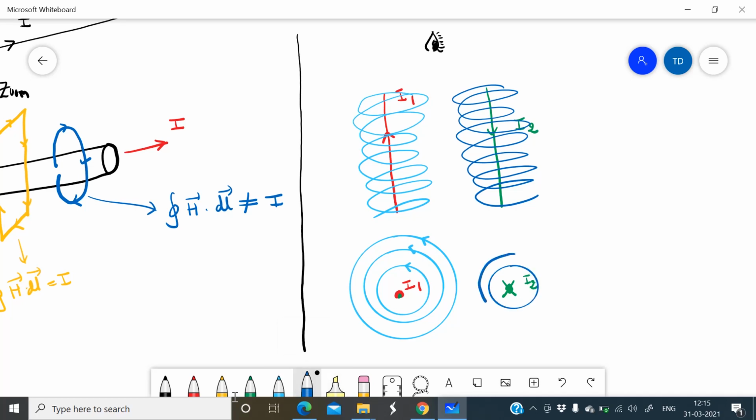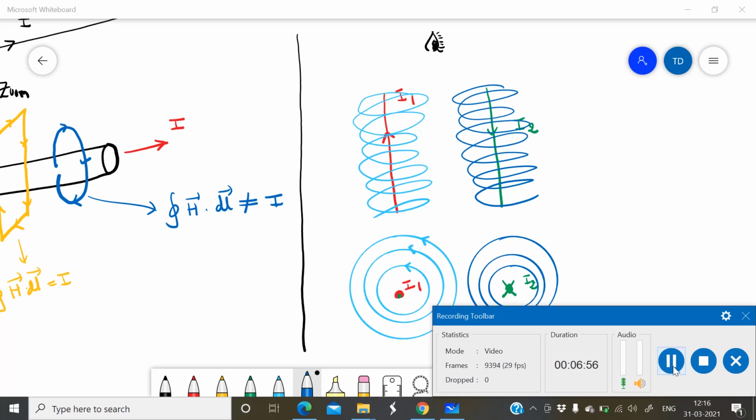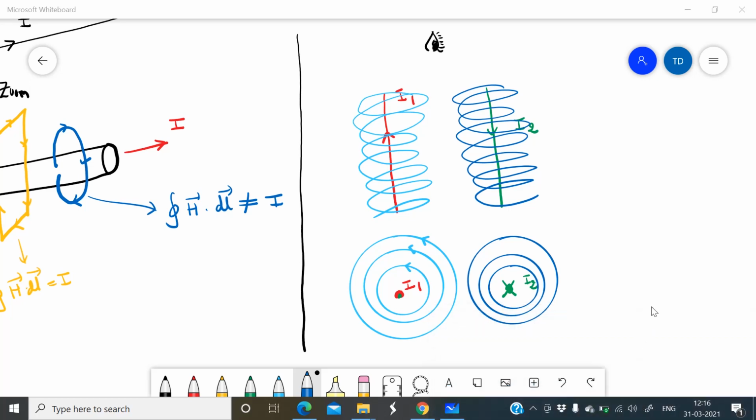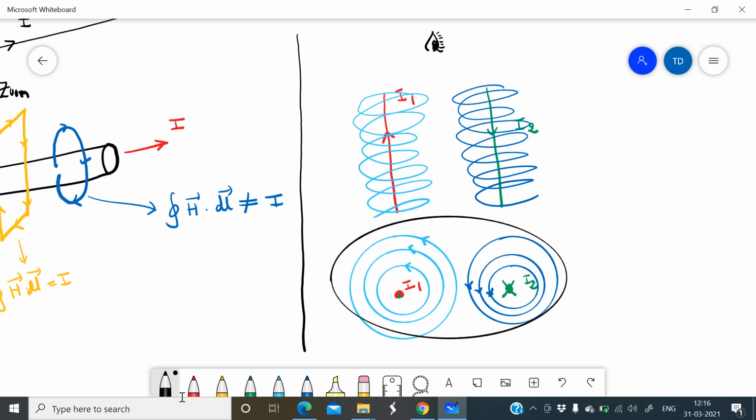This circle indicates the magnetic field due to the second wire. Now I will take one Amperian path in this case, this random Amperian closed path in this direction.